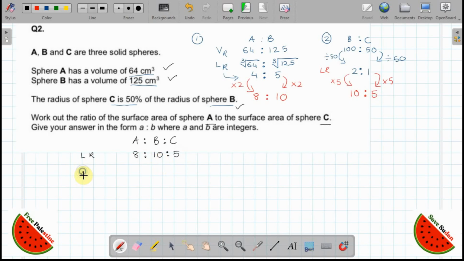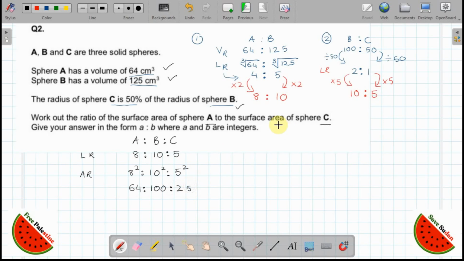Now the area ratio for this would be found by squaring all the lengths. So 8 squared to 10 squared to 5 squared. And the reason for that is the area is 2-dimensional. So to get from the 1-dimension length ratio to the area ratio, you'd have to square. So that'll be 64 to 100 to 25.